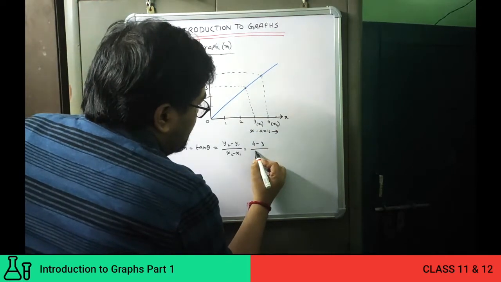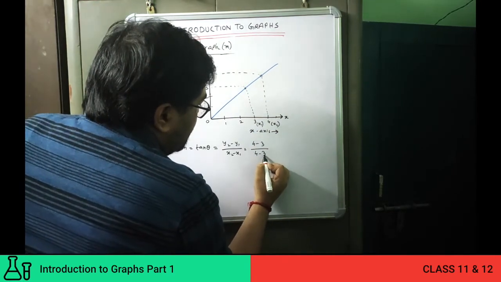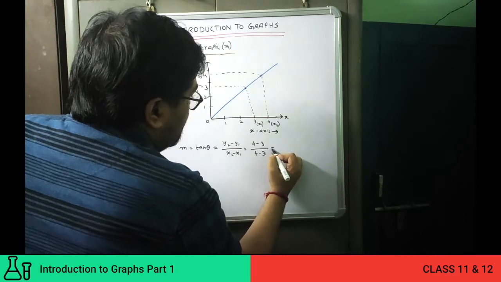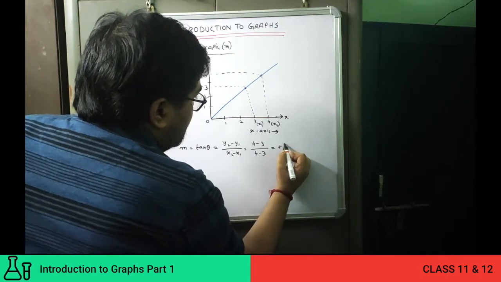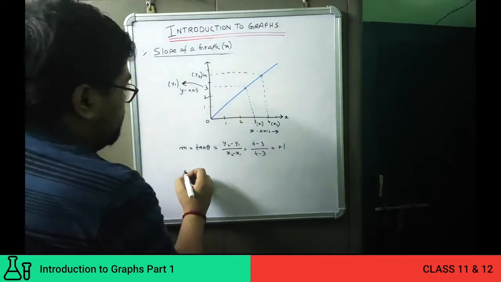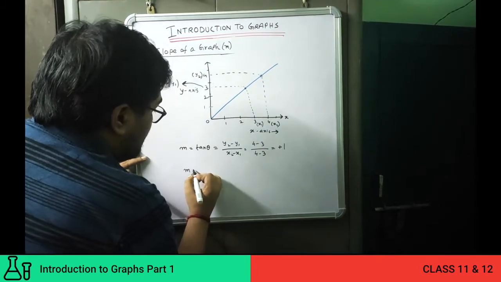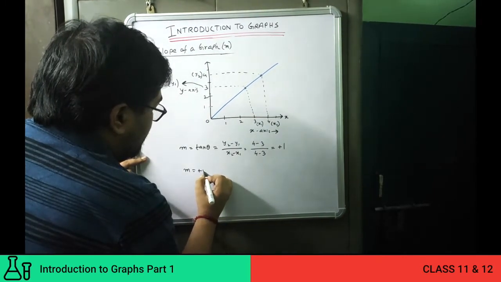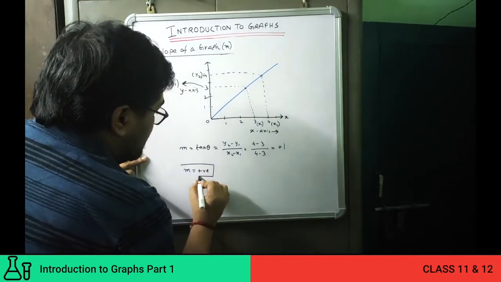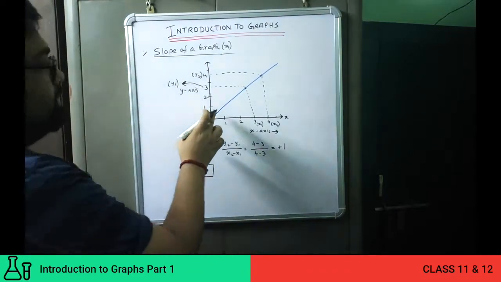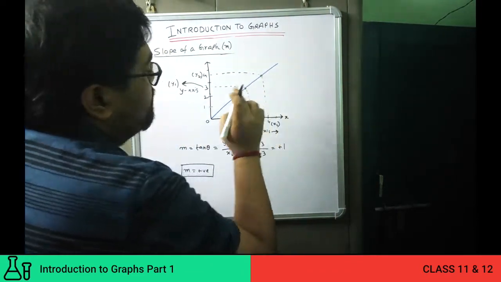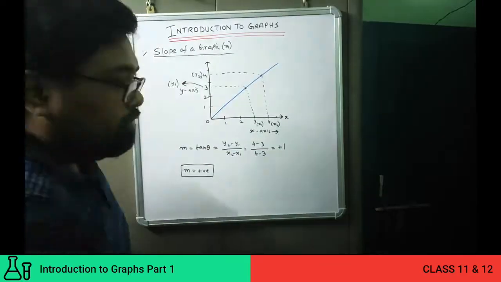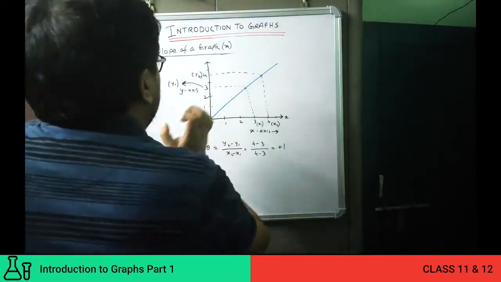So similarly, it will also give 4 minus 3, so it is plus 1. So from here we can conclude that the slope value is positive in nature. For this line, the slope is positive in nature. Okay, this is about the positive slope.